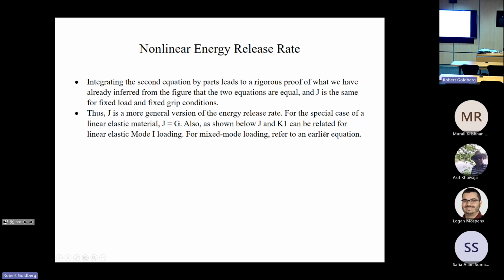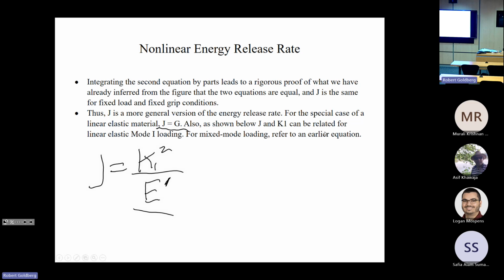For the special case of a linear elastic material, it's just equal to the G term that we talked about before. And just like before, you can say that it is equal to the square of our mode 1 stress intensity factor divided by E prime, where remember E prime is just the modulus for plane stress, or includes a Poisson ratio term for plane strain.